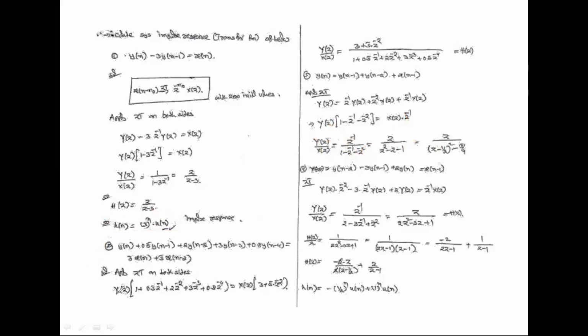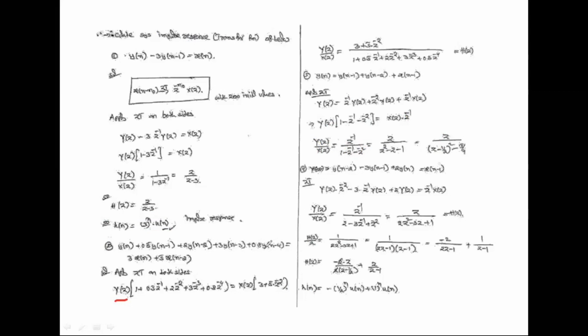The transformation is y of z. Plus y of n minus 1, the transformation is z power minus 1 into y of z, already taken as common. And for the third term, y of n minus 2, z transformation is z power minus 2 y of z. And fourth term, y of n minus 3, z transformation is z power minus 3 y of z.